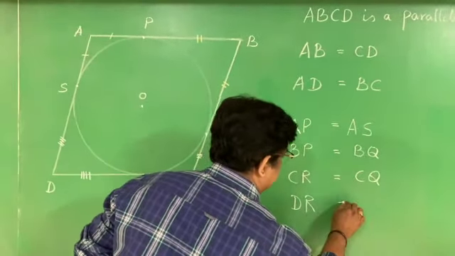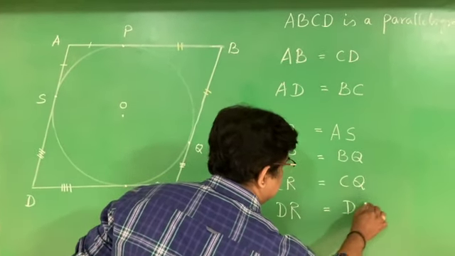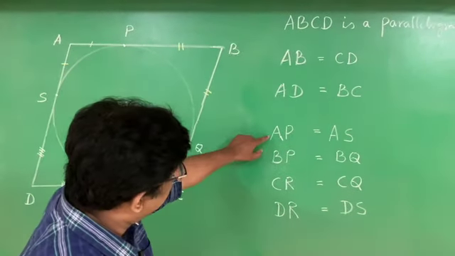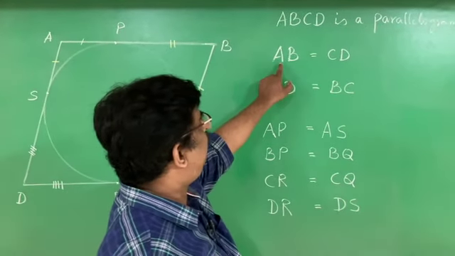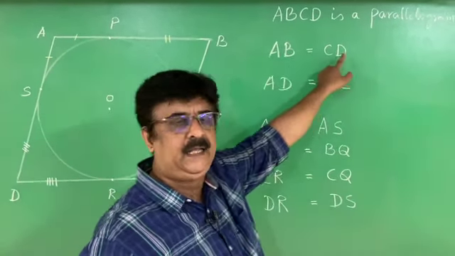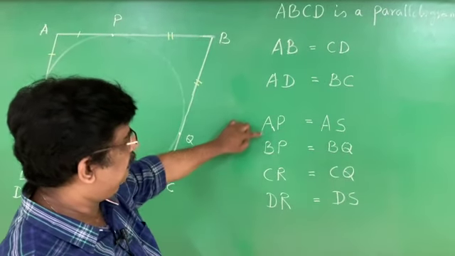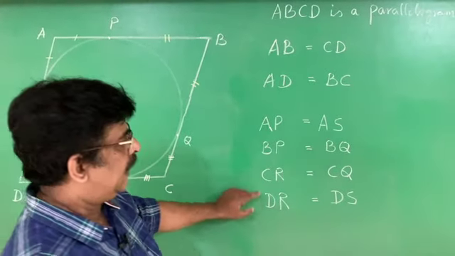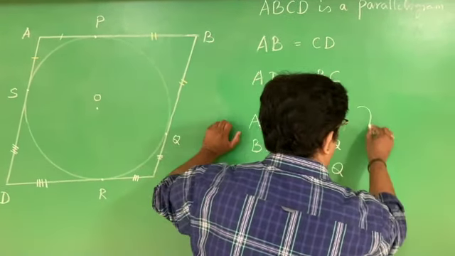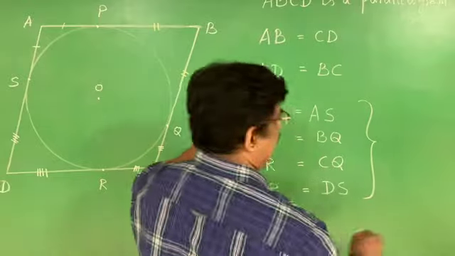First you have to understand this. AP, BP, CR and DR are taken from AB and CD. AB is nothing but AP plus BP. CD is nothing but CR and DR. All these things I am able to understand with the help of the theorem.